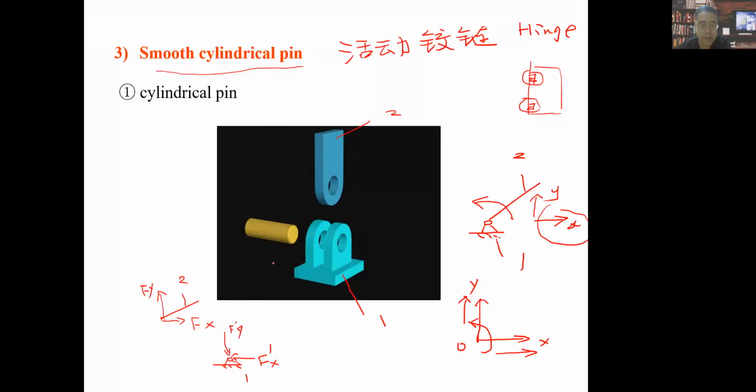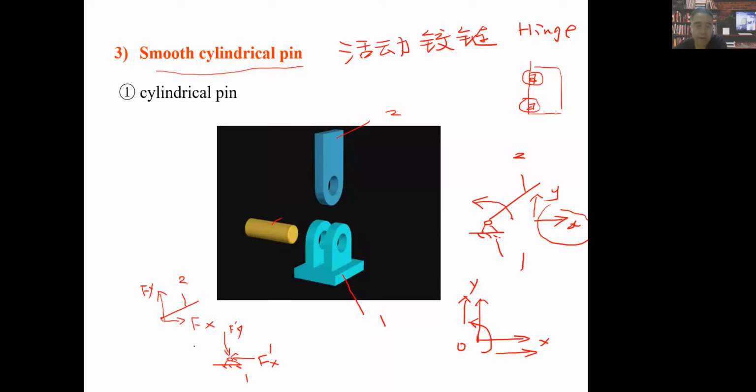In my case, we do not think about this pin. So you can think we just fixed the pin with this. It also can be free. It's also the same result. So this method of analysis is very simple.